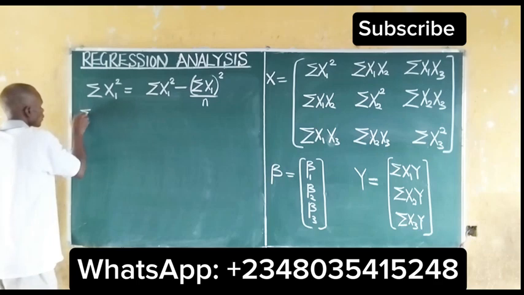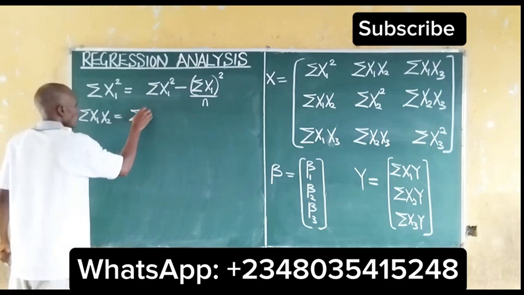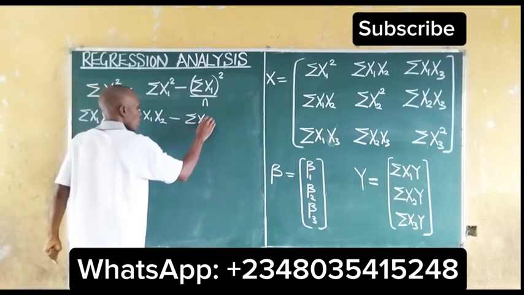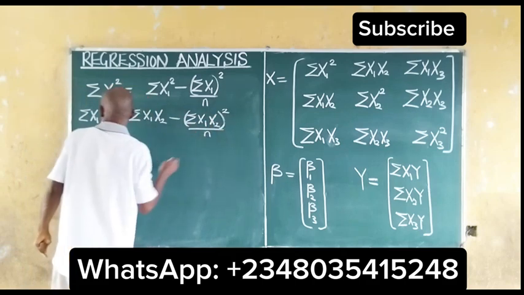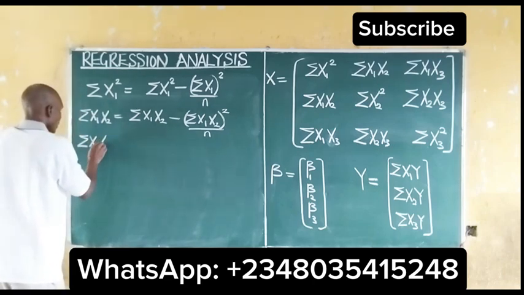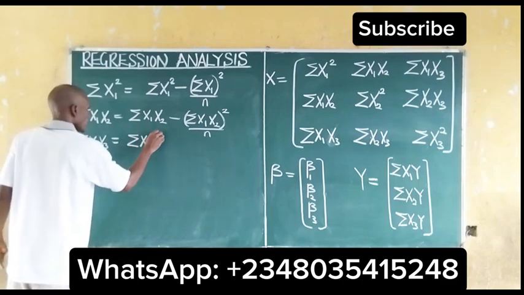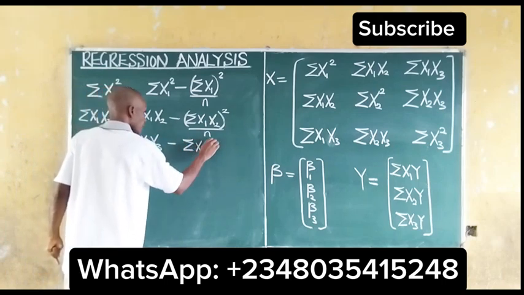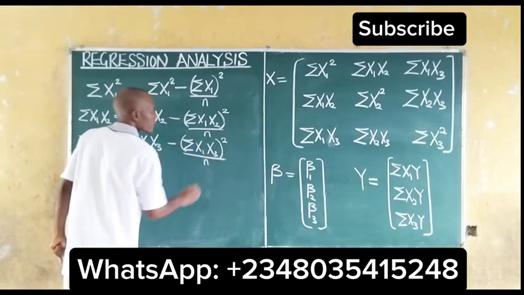So summation of x1 x2 is equal to summation of x1 x2 minus summation of x1 times summation of x2 all over n. We also have summation of x1 x3, which is summation of x1 x3 minus summation of x1 times summation of x3 all over n.